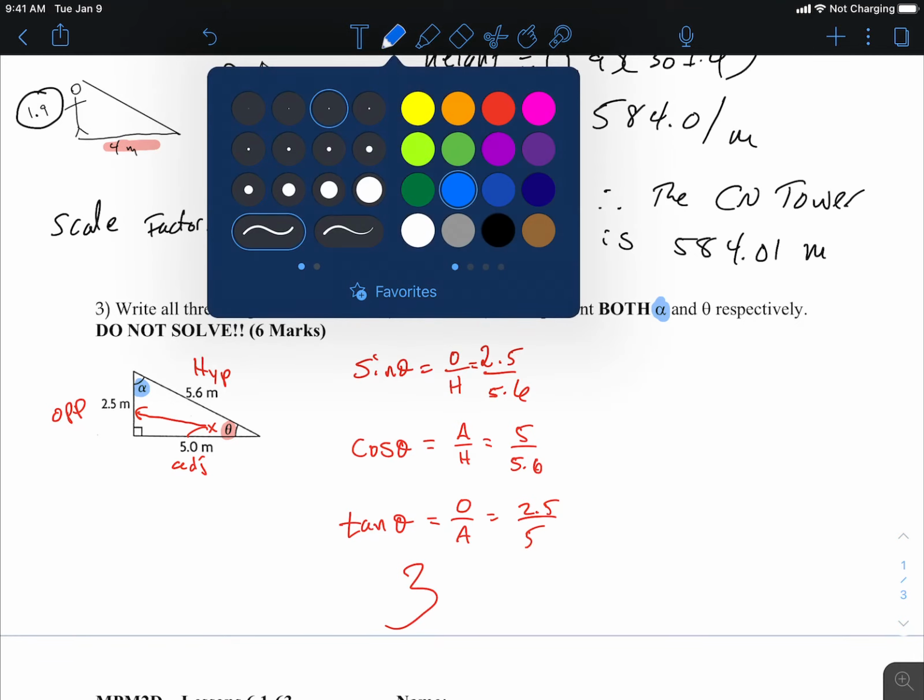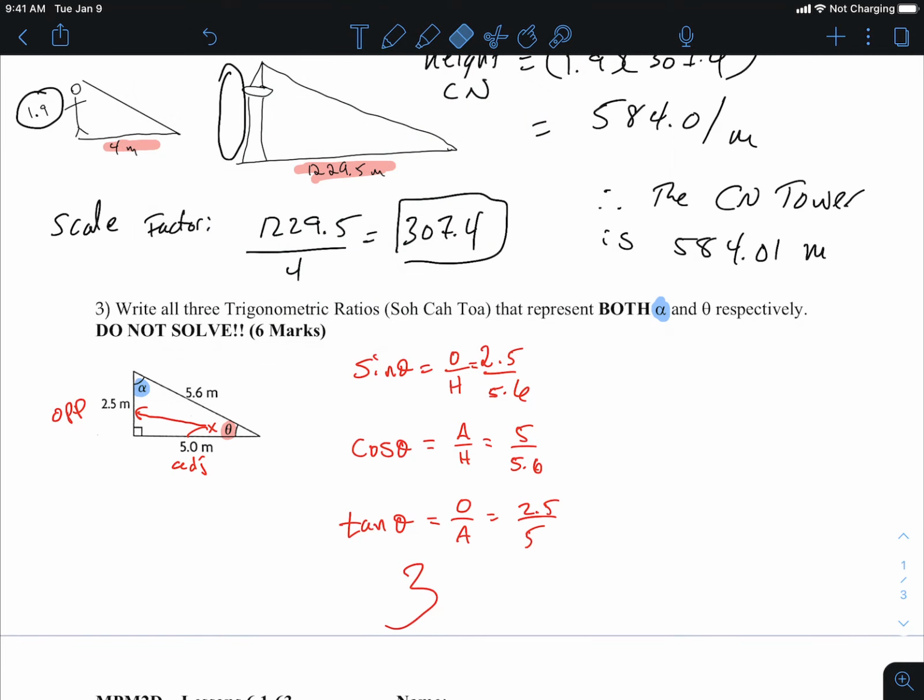I also asked you about alpha. Let's do that in blue. I'm going to erase the arrows and all the red writing, because it's all going to change now. Now, I'm standing at alpha. I look directly across from alpha. What side do I see? 5. That's opposite. Beside alpha, or adjacent, is 2.5. And the hypotenuse is still the hypotenuse. Write the primary trig ratios for alpha. Sine alpha is equal to opposite over hypotenuse.